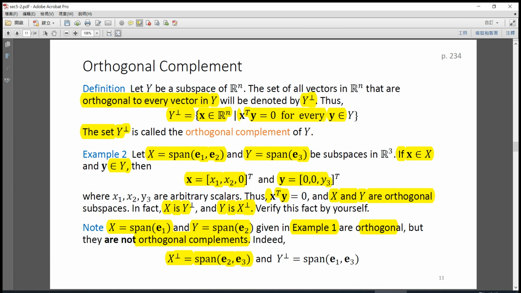Similarly, Y perp is the span of e1 and e3, so Y perp is the XZ plane in R3, and we know that X is only a subset of Y perp.